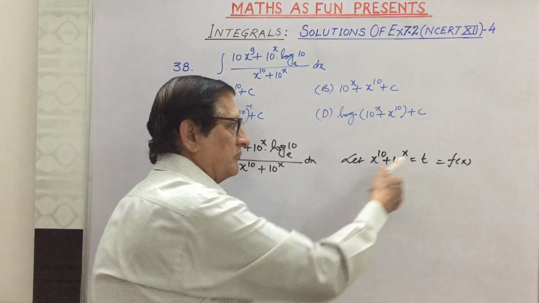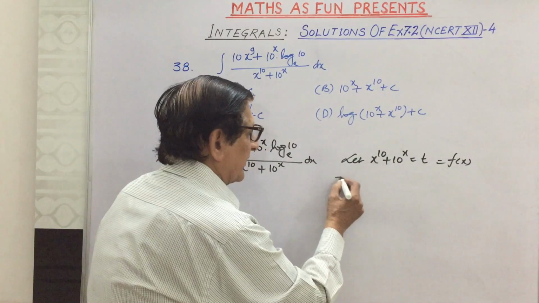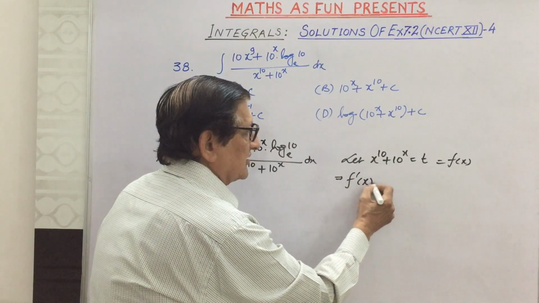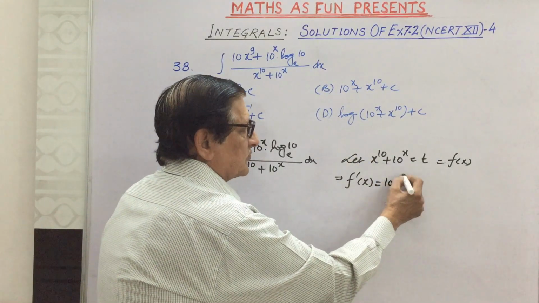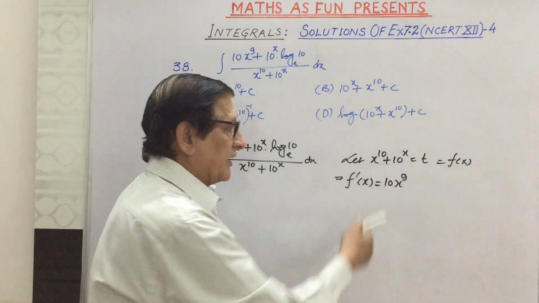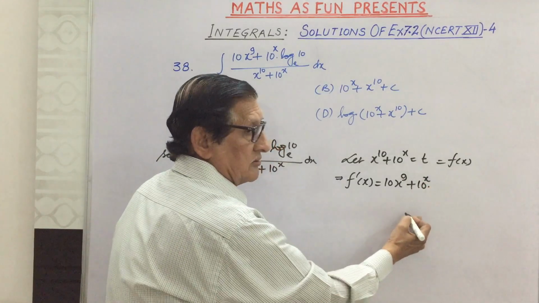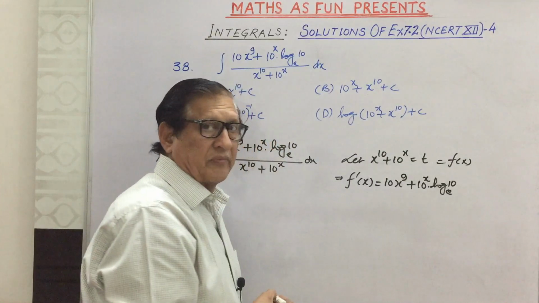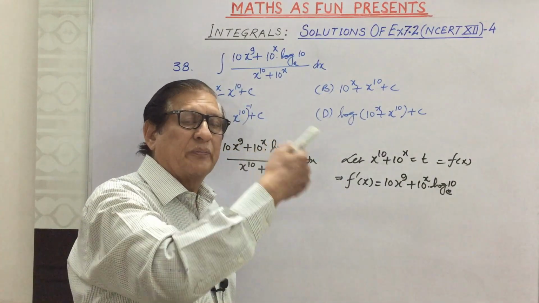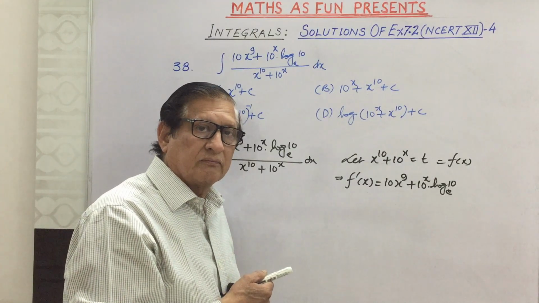So if we apply that here, we find f dash x is the derivative of x^10, which is 10x^9, and the derivative of 10^x, which is 10^x into log of 10 with base e, because we know the derivative of a^x is a^x into log of a with base e.